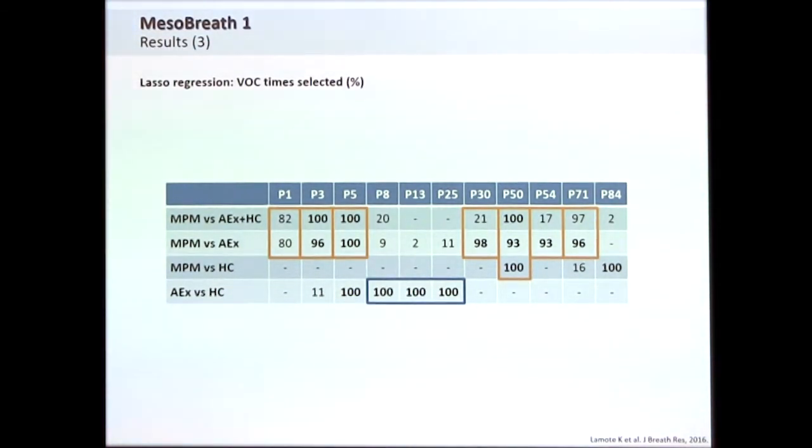And we have found some other peaks, peaks 8, 13, and 25, that were able to discriminate our healthy controls from our asbestos-exposed group in all of our models. So these are potential markers for asbestos exposure in breath.